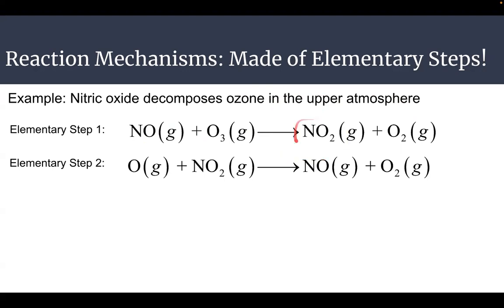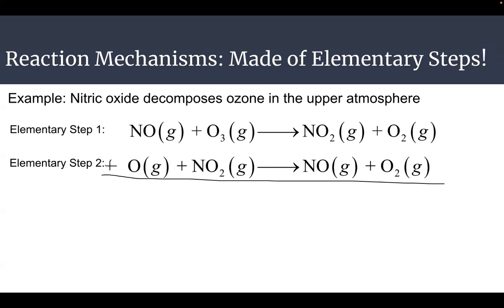Then NO2 goes on into elementary step number 2 and reacts with O to produce NO and O2. So if you were asked to find the overall reaction, as always, we're going to add these two steps up. But along the way, I have to cancel out what appears on both sides.